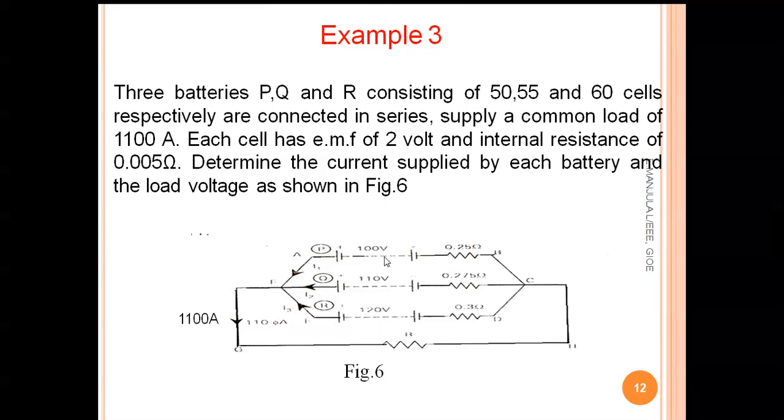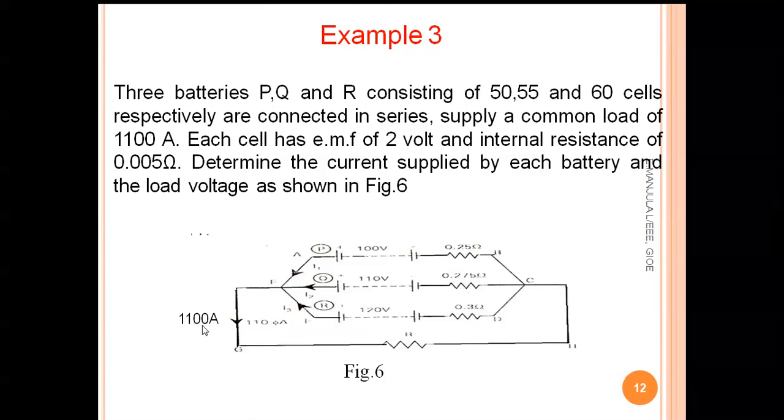So this is the total voltage. Each one has an internal resistance of 0.005 ohms per cell. So 0.005 into 50 is 0.25, 0.005 into 55 is 0.275, 0.005 into 60 is 0.3 ohms. So these are the internal resistances.